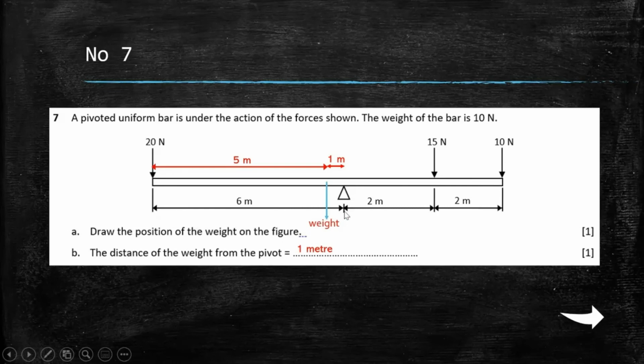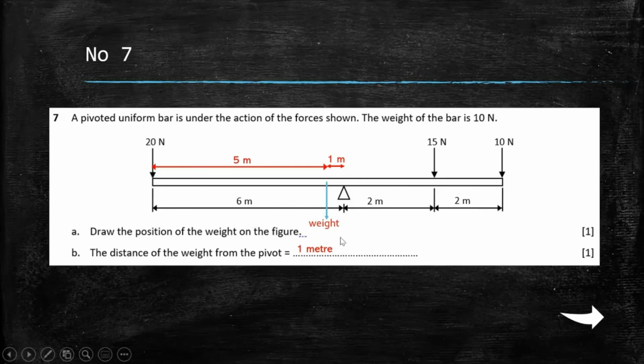When a force is placed on the left side of the pivot, it will produce anti-clockwise moment. So these two forces, the weight and the 20 Newton force, both will produce anti-clockwise moment.